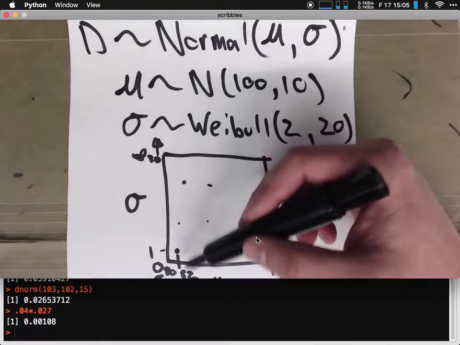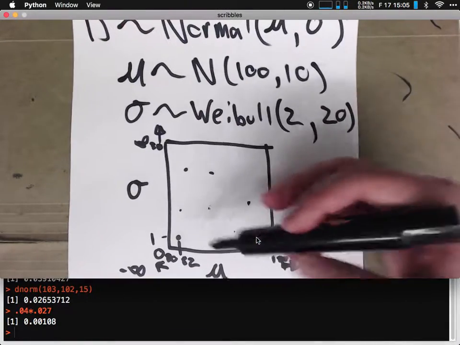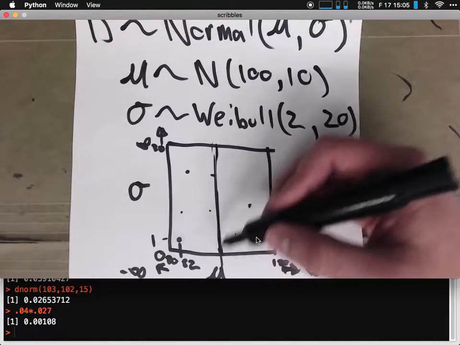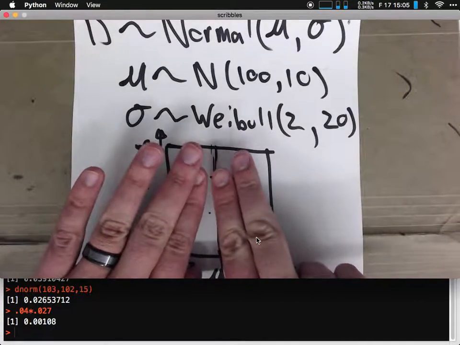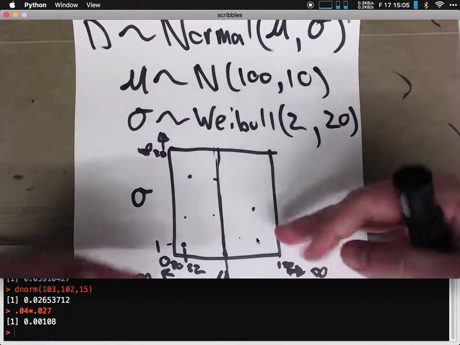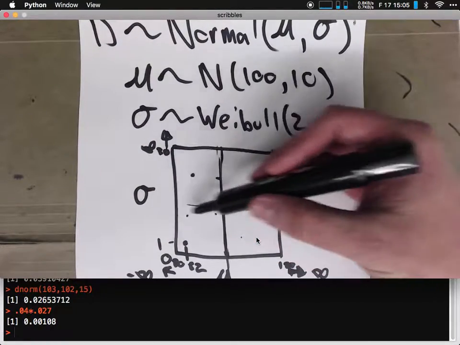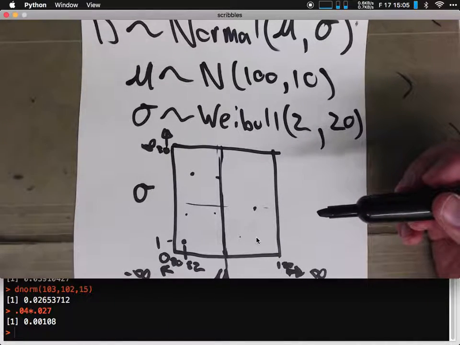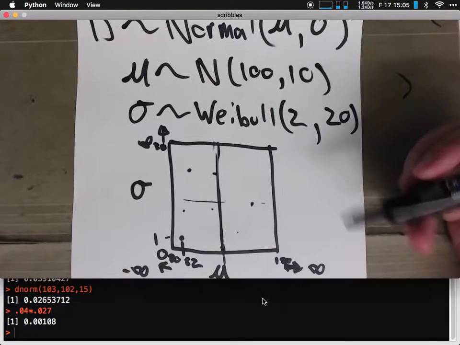So in theory, the prior expresses a surface across this space. It's going to have a Gaussian shape this way, but also a Weibull shape this way, with higher values around right here for the Weibull and tapering off. This is where me having an actual graphic, like a little heat map, would be ideal for the next time I go through this.